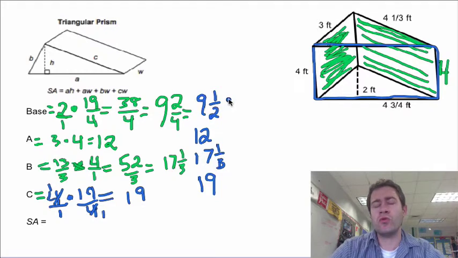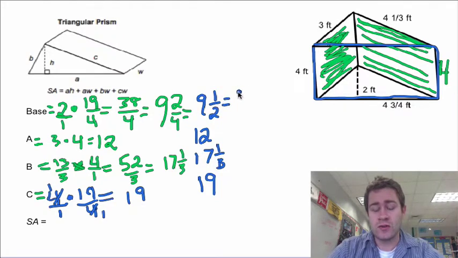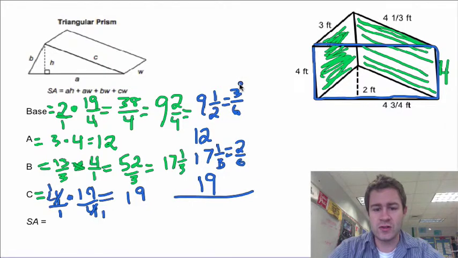So a multiple of 2 and 3 would be 6. So 1/2 would equal 3/6. And 1/3 would equal 2/6. So I add the fractions first. I end up getting 3 plus 2, that would be 5/6.